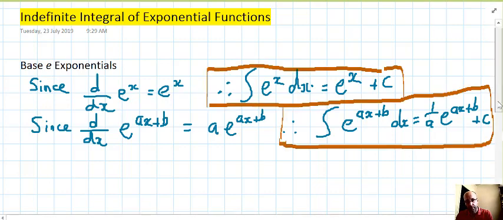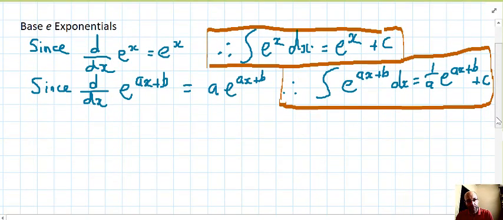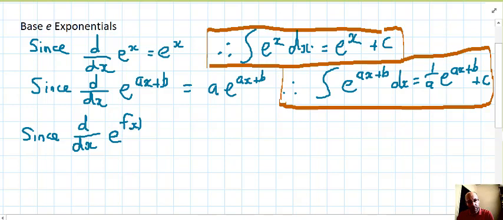Now for the third one involving base e. We also learnt the derivative of, basically this is an application of the chain rule, function of a function. So e to some function f of x, due to the chain rule, would be the derivative times e to the f of x, where f of x is some function of x.